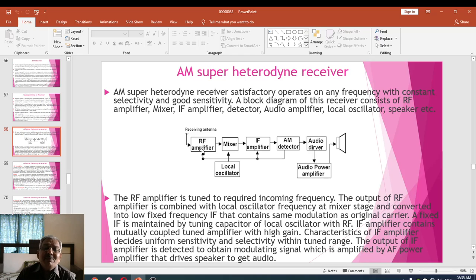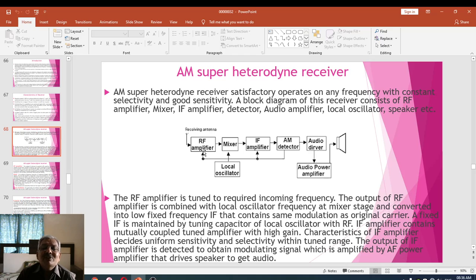The gain of RF amplifier changes as per the strength of the signal received. If the signal received is weak, the gain of RF amplifier is automatically increased by means of an automatic gain control circuit. And if the signal is strong, the gain of RF amplifier is decreased.